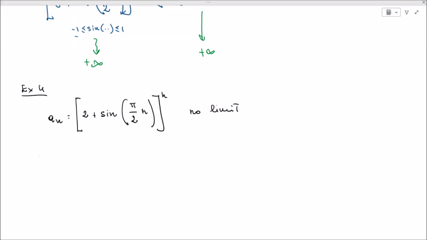Well, if I make the sine equal to 0, what happens is that the sequence will become 2 plus 0 raised to the n, which of course is something that will go to plus infinity, so it will diverge to plus infinity.